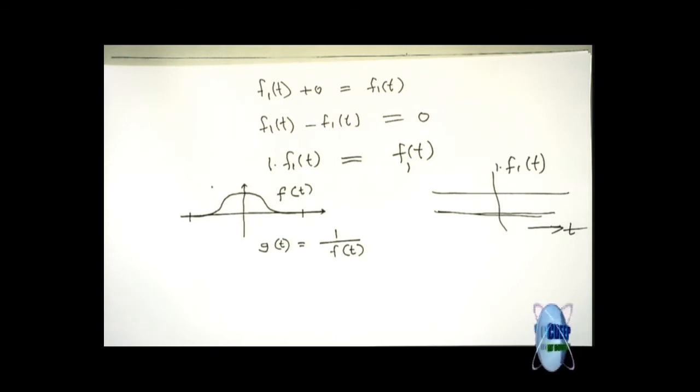That is why functions may not have inverses. On the other hand, if f is non-zero everywhere, then it is invertible. So this forms a commutative ring but not a field, where there are some elements for which there is an inverse, but some elements for which no inverses are defined.